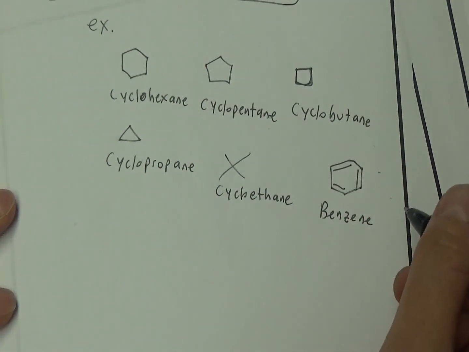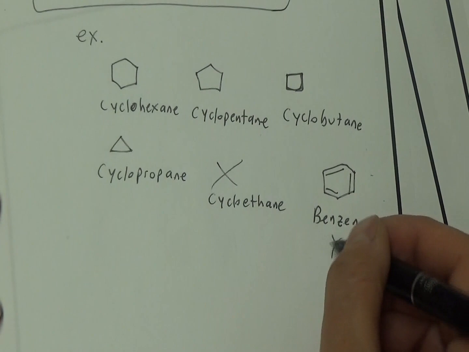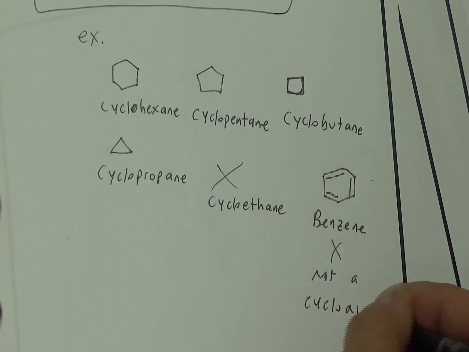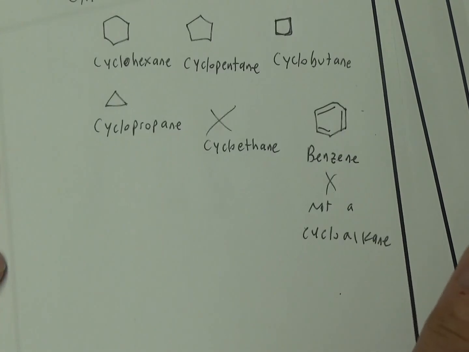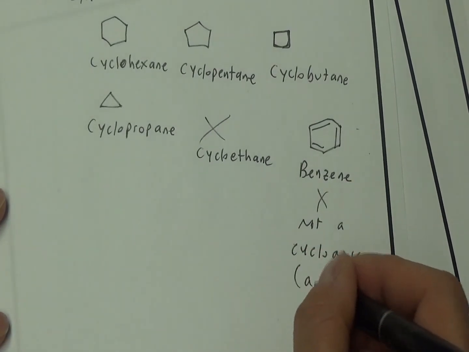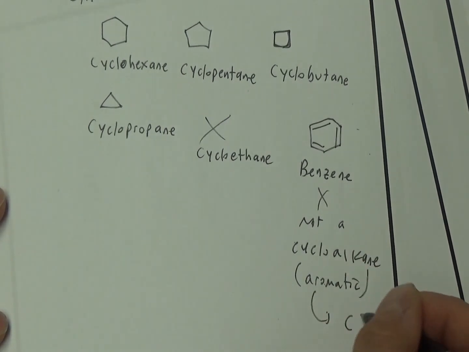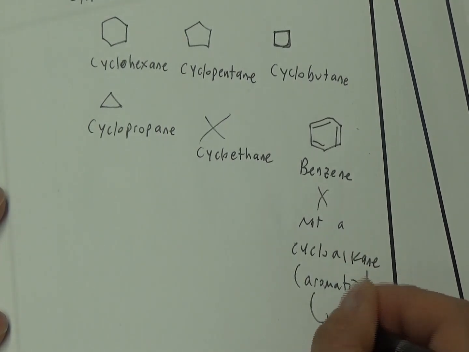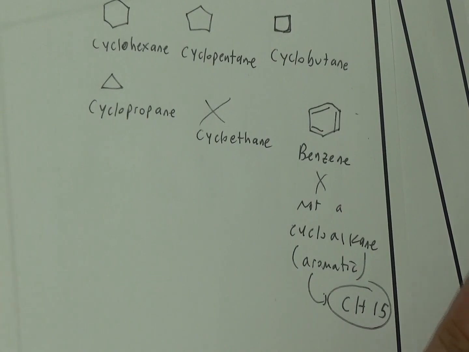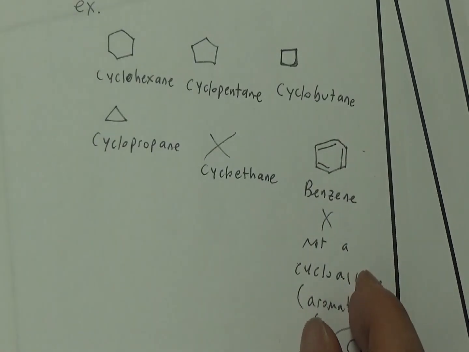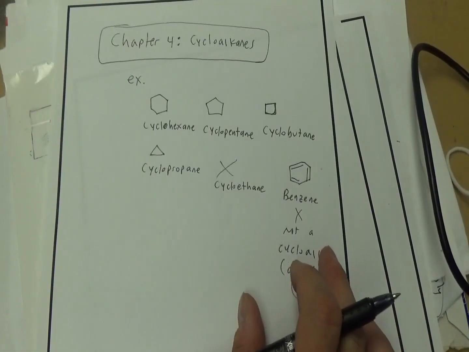And it is not a cycloalkane. It's something that we call aromatic, and this will be in chapter 15. So we'll learn about that later. Okay? Alright, so cool. So we have some examples of simple cycloalkanes.